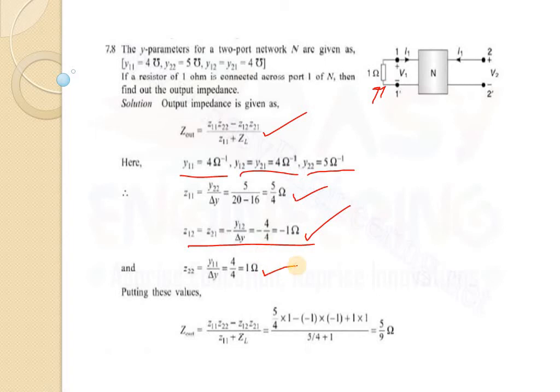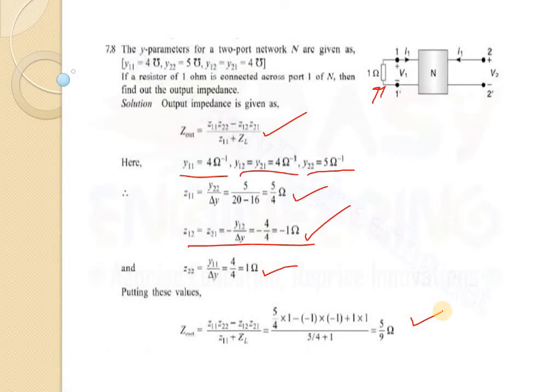So putting these values into Zout, ultimately the value of Zout we have got is 5 by 9 ohm.